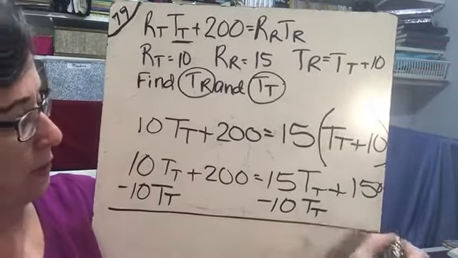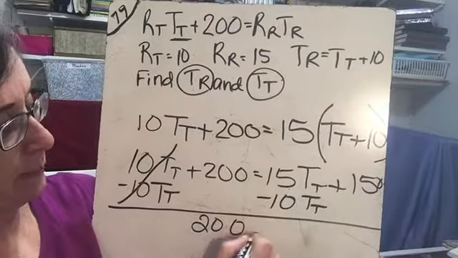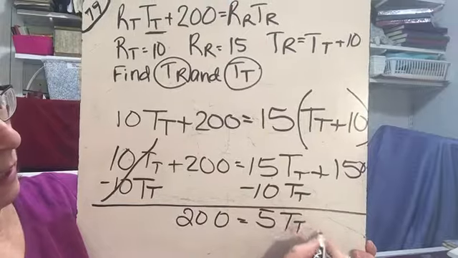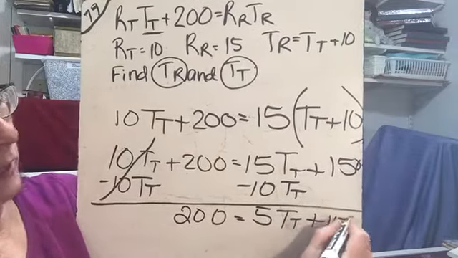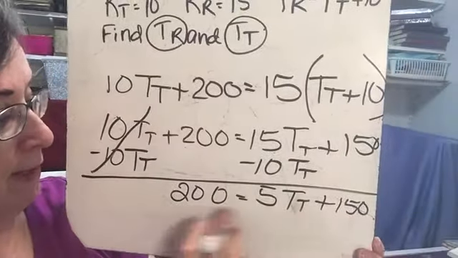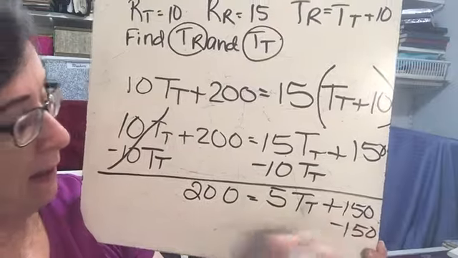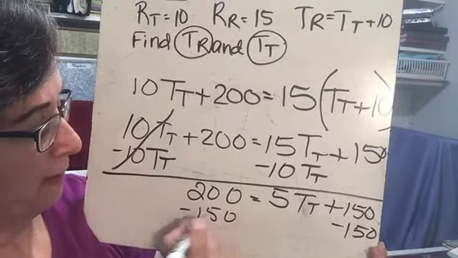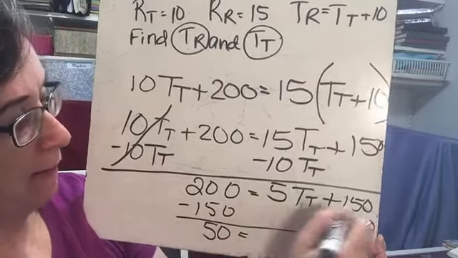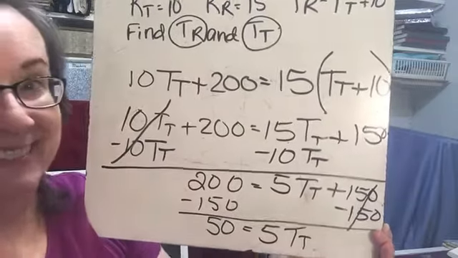Let's do that first. This goes away, and we get 200 equals 5 T sub t plus 150. So now we want to get rid of this 150, so we get the t variable by itself. Minus 150, minus 150. 50 equals 5 T sub t.